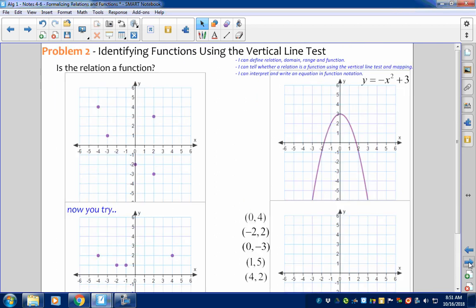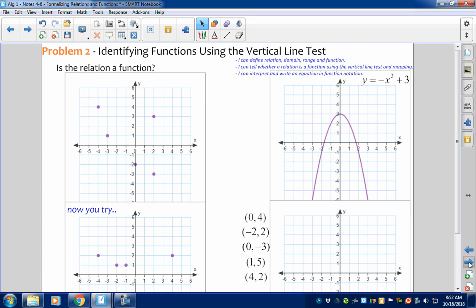All right, so geometrically, here's how we check to see if a relation is a function. You'll see a collection of points here. Looking at your paper, is there any vertical line you could draw that would hit both of those?